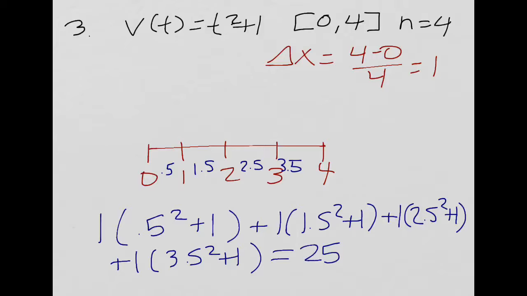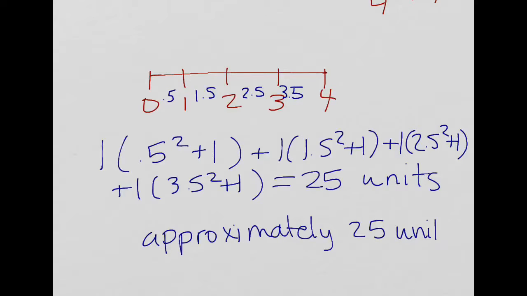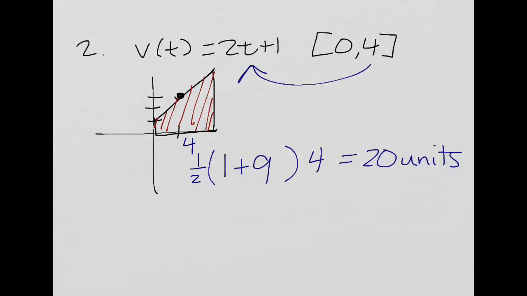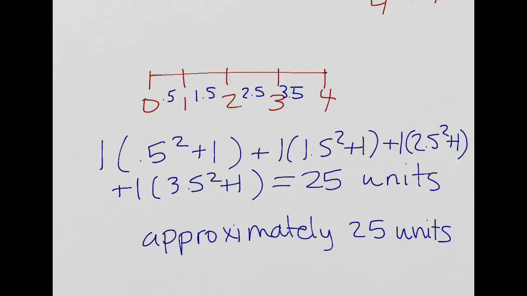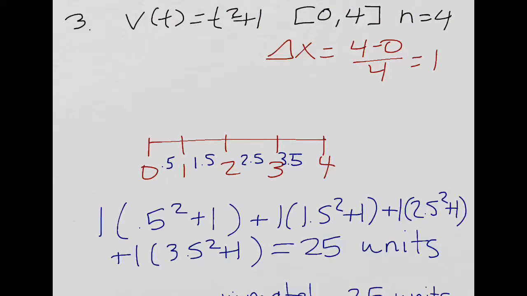So it would have moved 25 units. And this one, because we use an approximation, we would have said it would have moved approximately 25 units. The other two we did not estimate. We actually found the area, so it's exactly 20 units. So that's a little bit nitpicky, but it's something just good to think about.